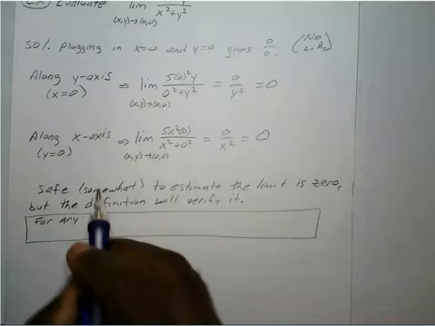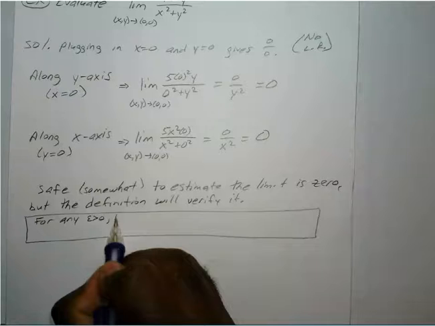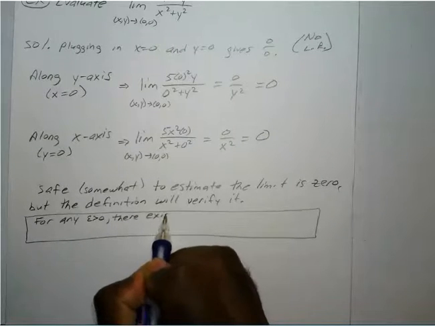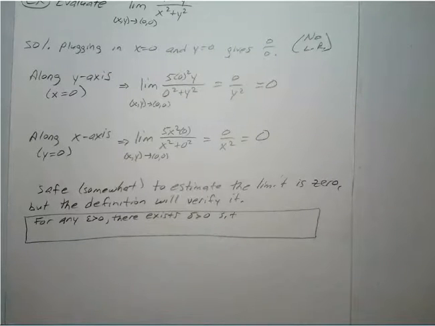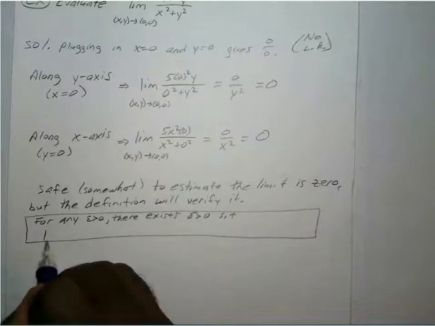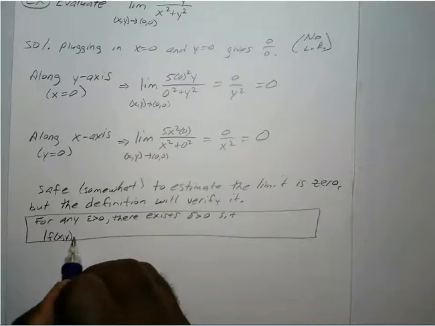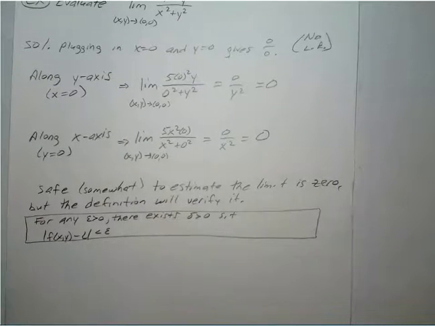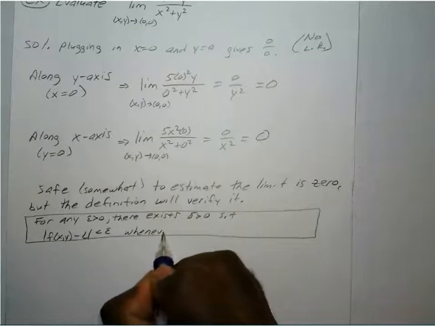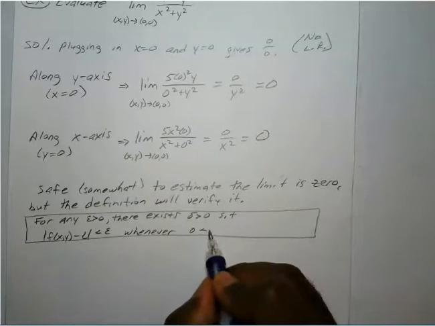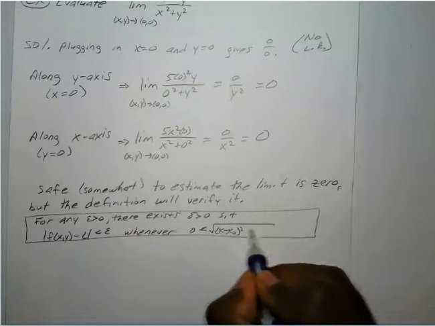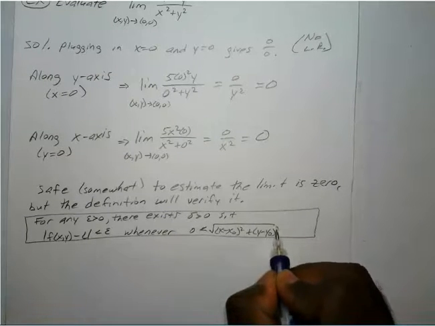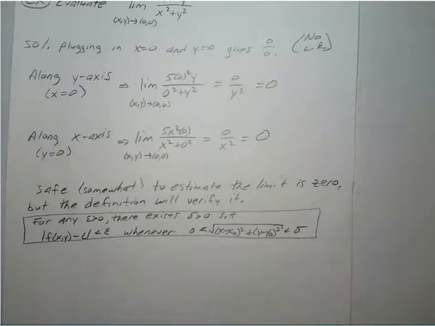For any epsilon greater than 0, there exists a delta greater than 0 such that the absolute value of f of x, y, minus the limit is less than epsilon whenever 0 is less than the square root of x minus x0 squared plus y minus y0 squared is less than delta. Okay, so we have our definition.